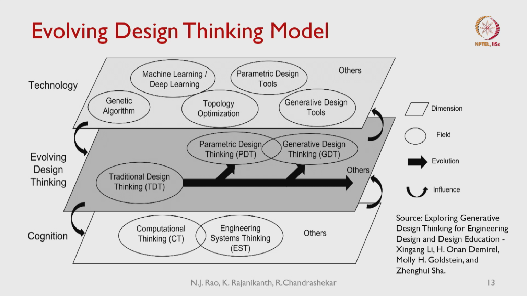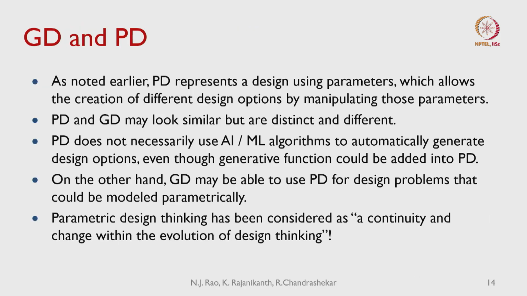In the same way, evolving design thinking is influencing the theories in the cognitive domain and the theories in the cognitive domain are influencing design thinking. So, there is a lot of cross current going on and this is making a lot of changes in the design thinking models.